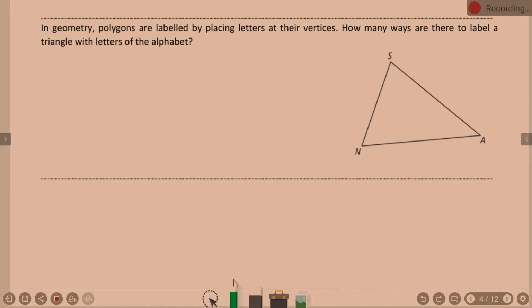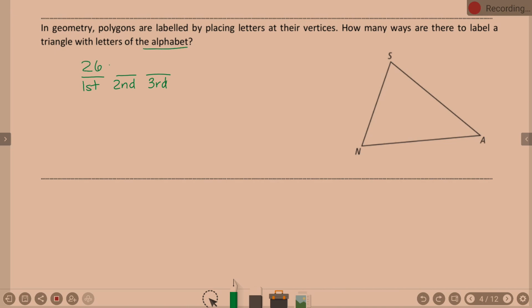How many blanks are we trying to fill? 3 blanks, because you have to label the first vertex, the second vertex, and the third vertex, right? How many choices to label that first vertex? 26, because we know there's 26 letters of the alphabet.